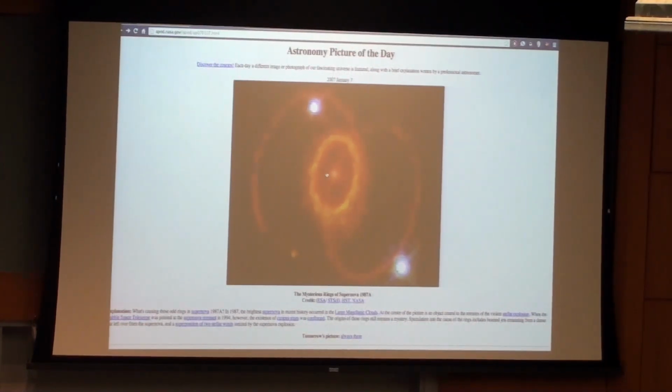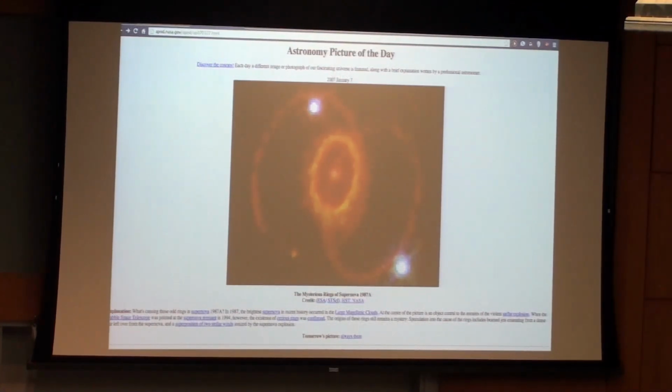But what you see here is that the difference between the center here and the edge here is about half an arc second. You have these two light sources, and you're able to discern the difference between them at about half an arc second apart.